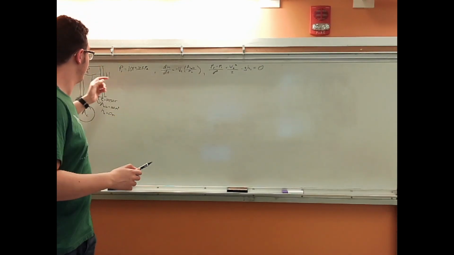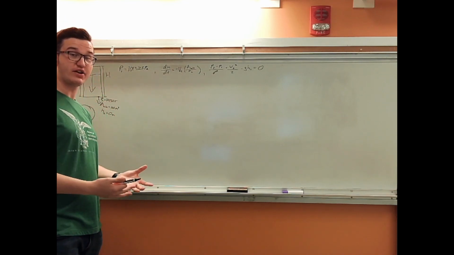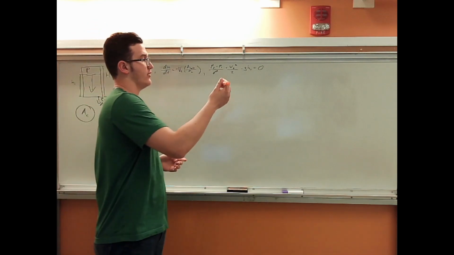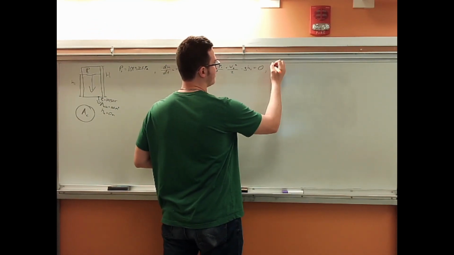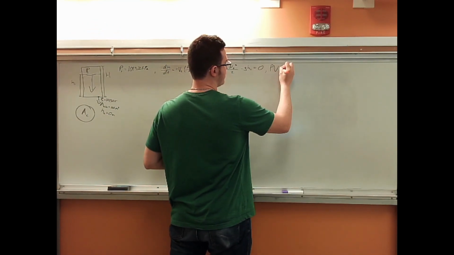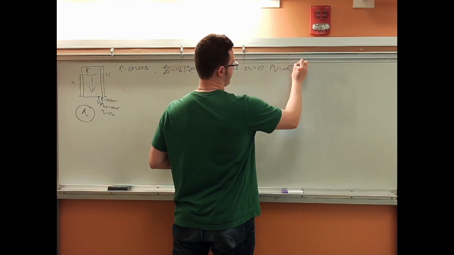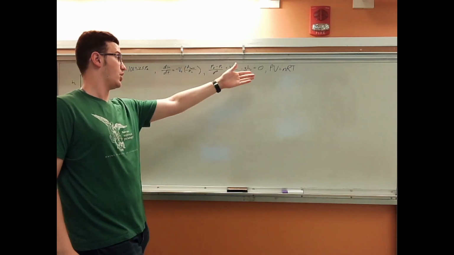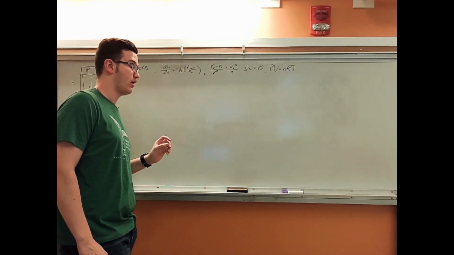We also know that it's given us a pressure, and air can be treated as an ideal gas. So another equation we're going to use is good old ideal gas law. PV equals nRT, pressure times volume equals the number of moles times the ideal gas constant, R, times the temperature.